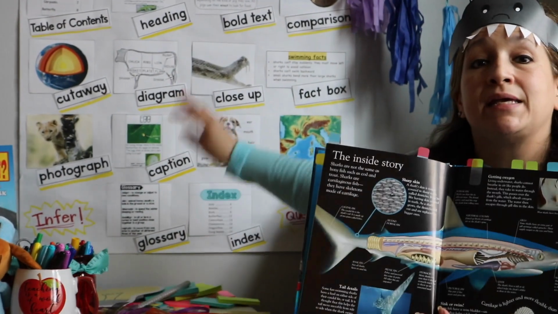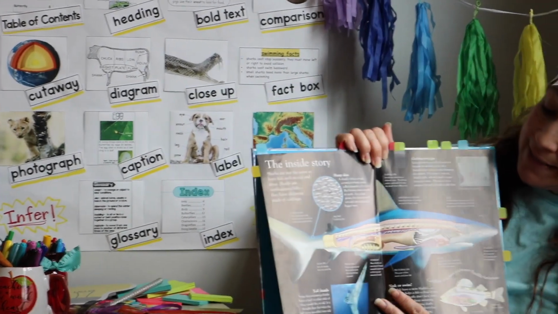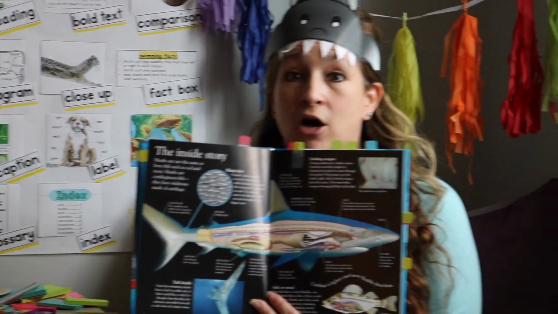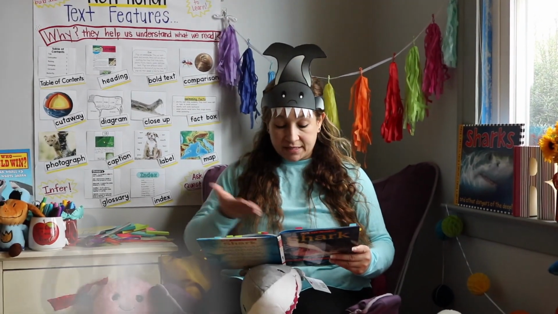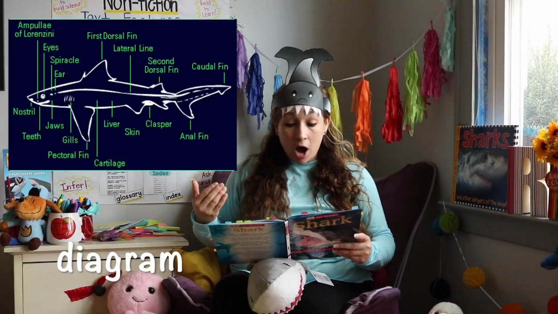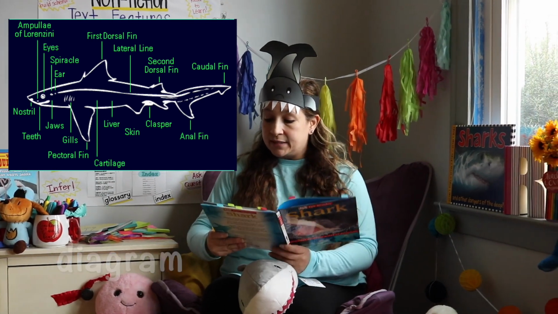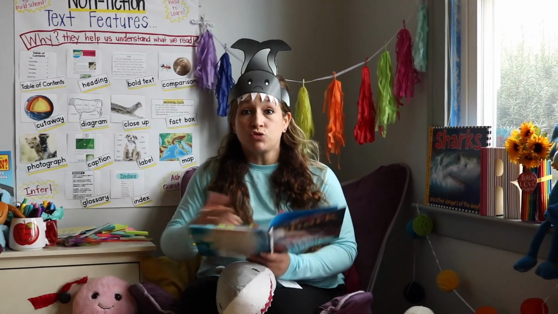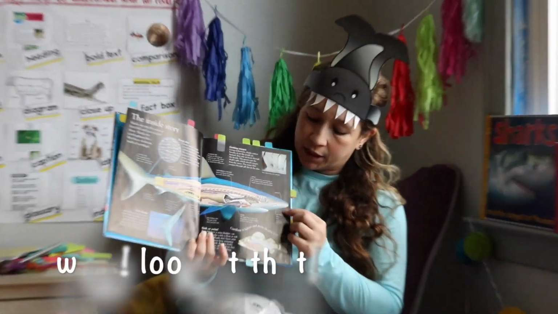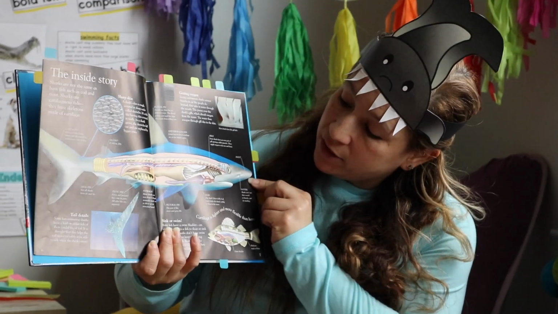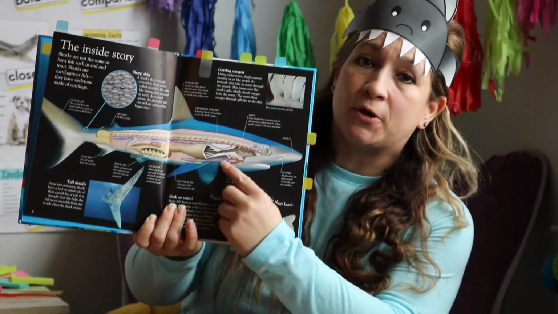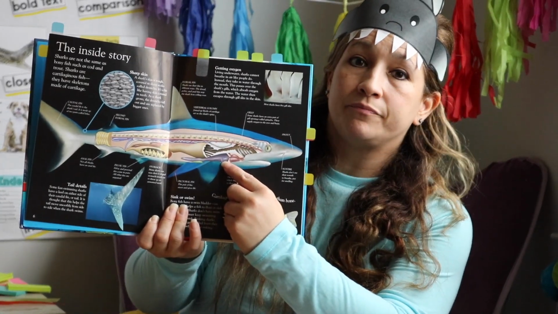This is what is happening here on this page too. It's a diagram of the inside of a shark. It shows you where the stomach is and where the fins are and where his liver is and even where his snout and nostrils are, which are over here. We can also see that his liver is this purple looking thing here.